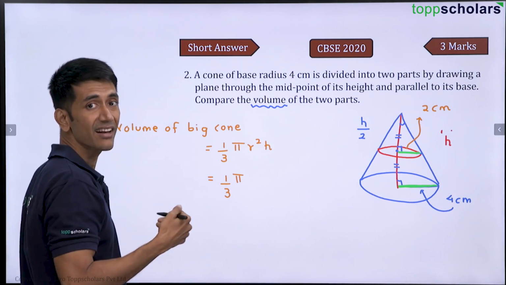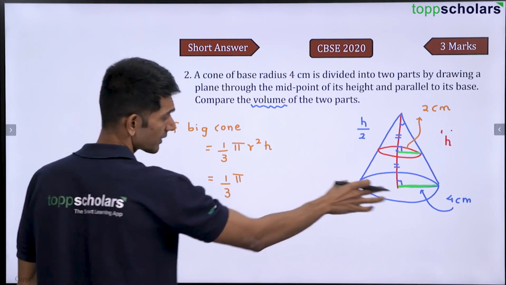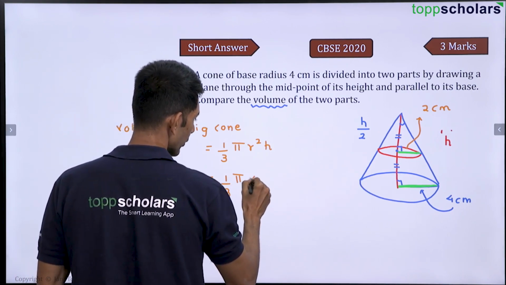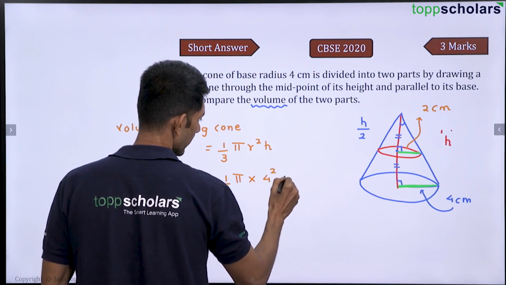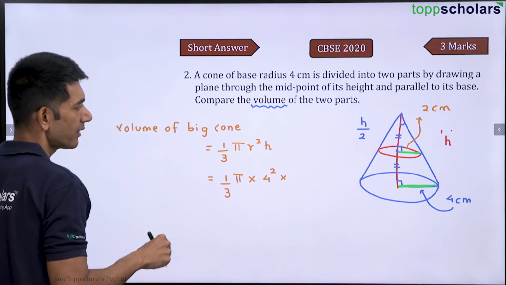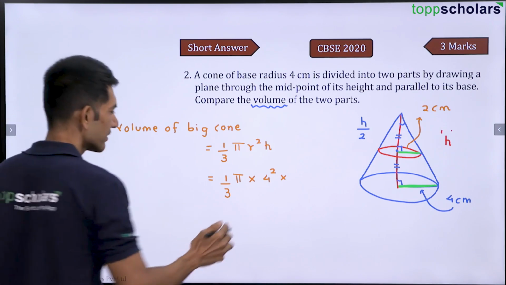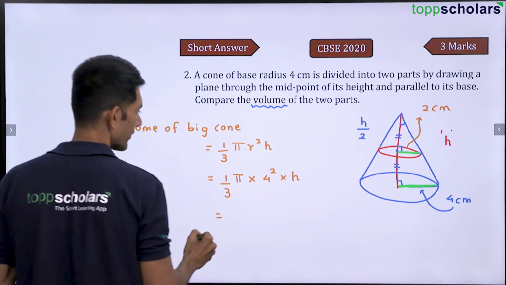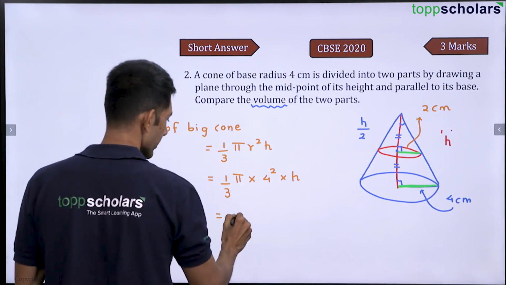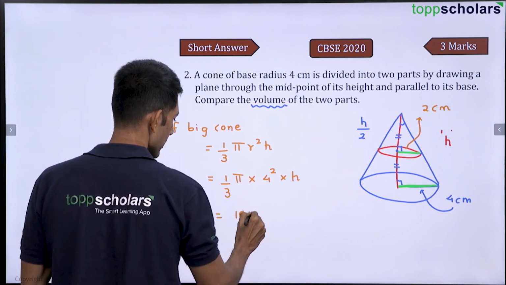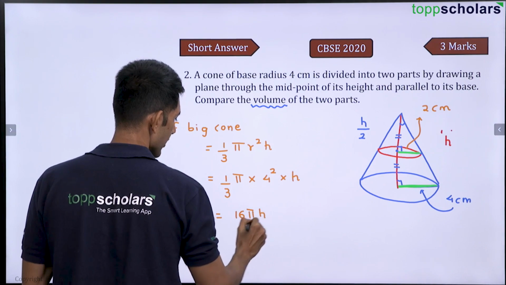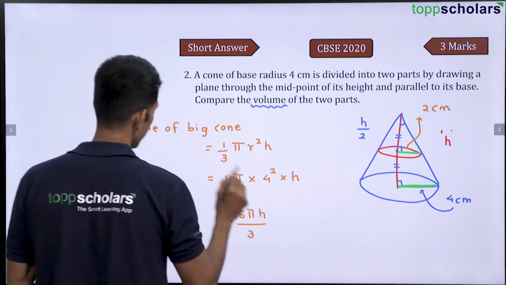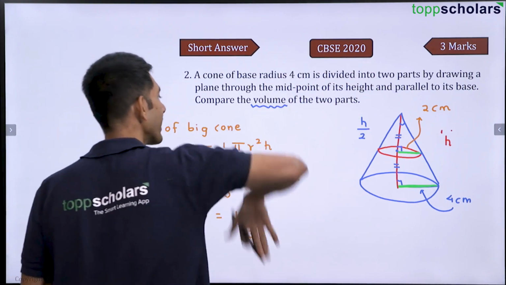How much is r? r is 4, so into 4 square into h. h is h only, we don't know the height, so let's keep it h. So 4 square is 16, which gives 16 pi h by 3. This is the volume of the big cone.